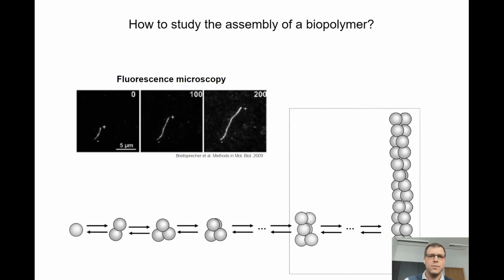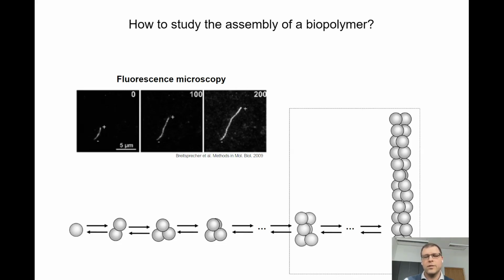Very common is fluorescence microscopy, where you label some individual subunits of your polymer with a fluorescent dye, and then you can watch individual polymers grow and shrink over time. This is very useful to get basic kinetic constants for the growth and shrinkage, as well as to understand how, for example, regulators influence this process.